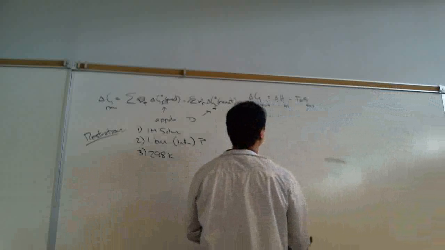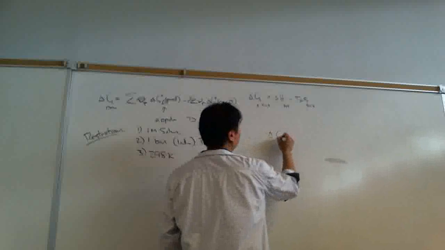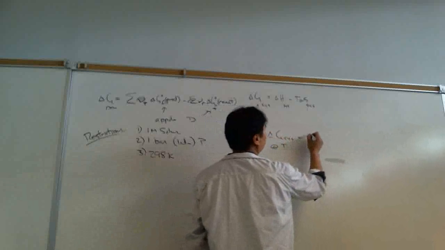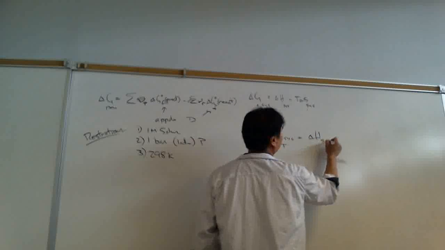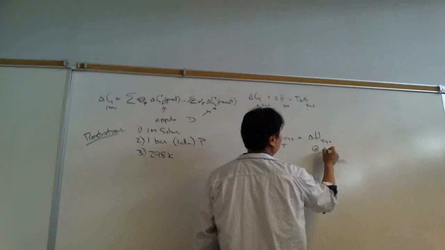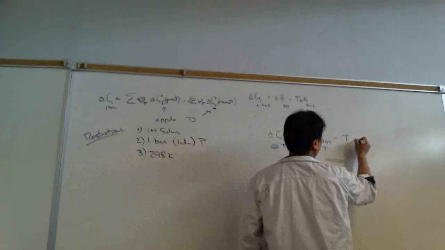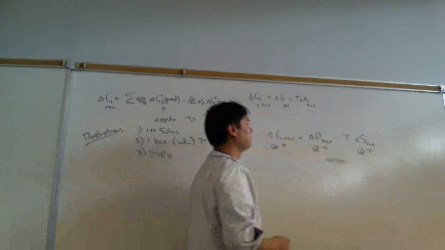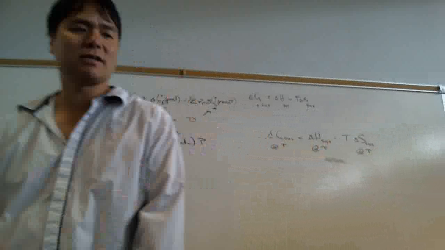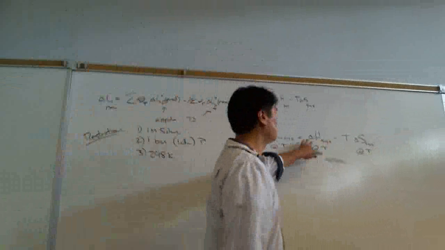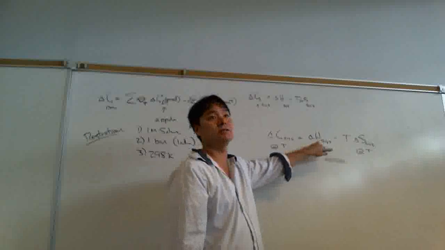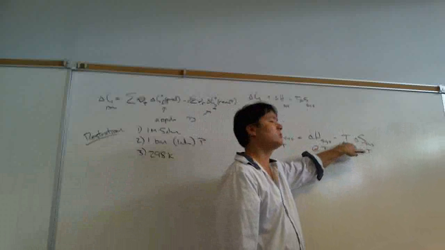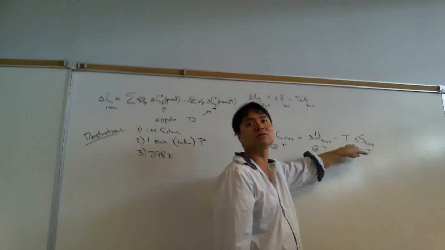But on the other hand, this is delta G of the system at any temperature T, which is going to equal delta H of the system at any temperature T minus T delta S of the system at temperature T. So as long as we have this, if we're given in the book delta H at, let's say, 500 degrees C is this, delta S at 500 degrees C is this, and then the temperature, 500 degrees C converted to Kelvin, that's your temperature.